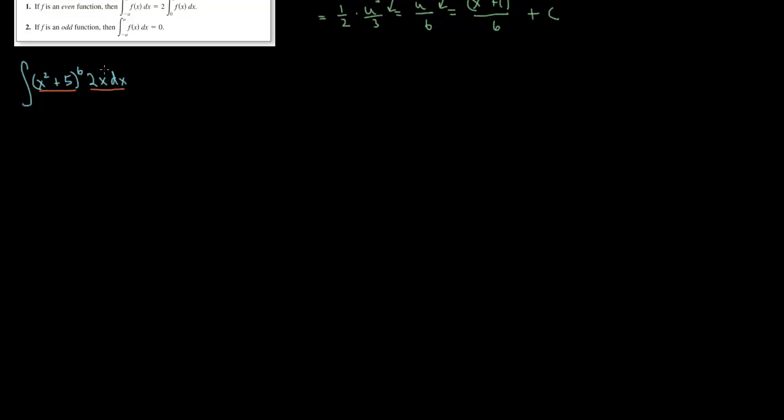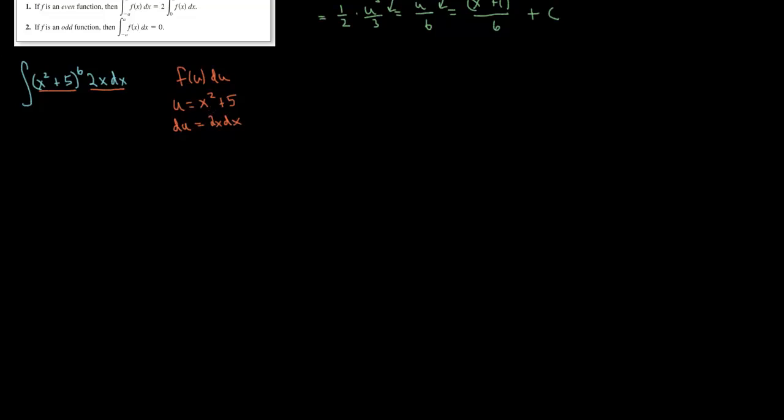So we have the exact form f of u, some function of u, times du. That's exactly the form we have here, so this fits the bill exactly. Now, if we want, we could say that u equals x squared plus 5. If u equals x squared plus 5, then the differential du is 2x dx.